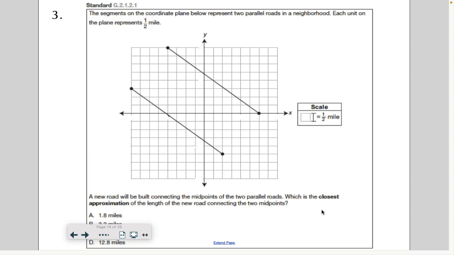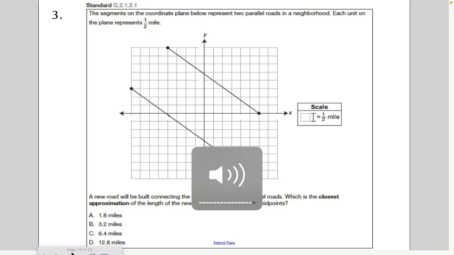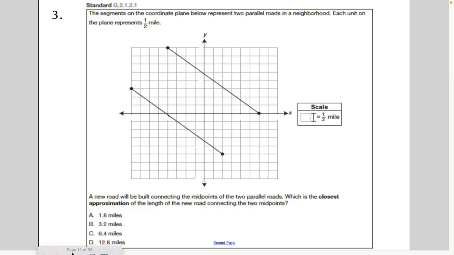All right, come on. You ready to show me some proof for the multiple choice one?